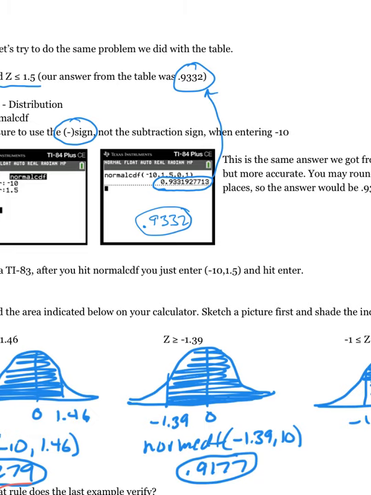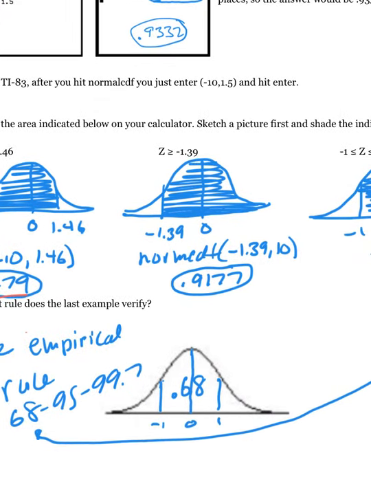Here are some examples of using your calculator. If I asked you for the probability of z being less than 1.46, one of the things we like to do is draw a quick sketch of the bell-shaped curve, which I did here. I want less than 1.46, so I put in 1.46 as my z-score, and I shade to the left of that.